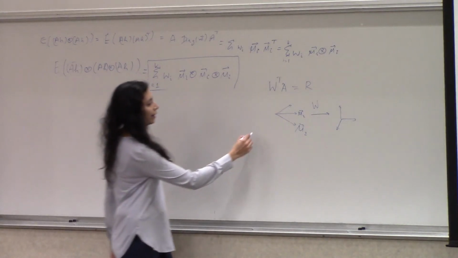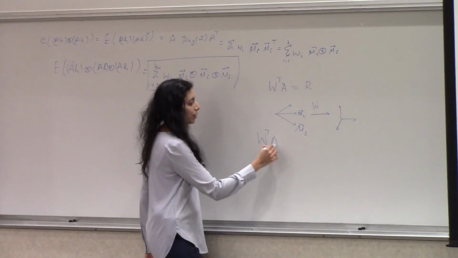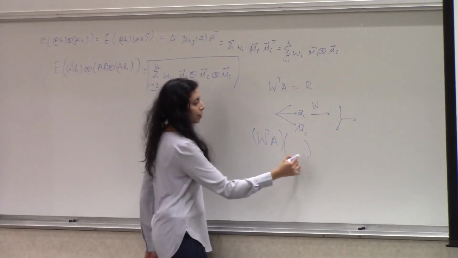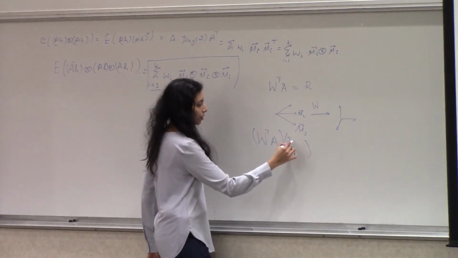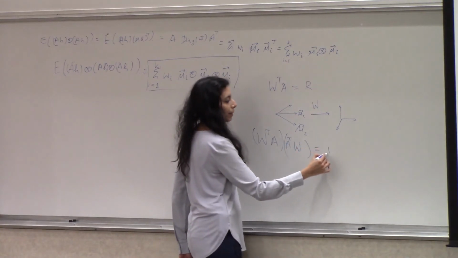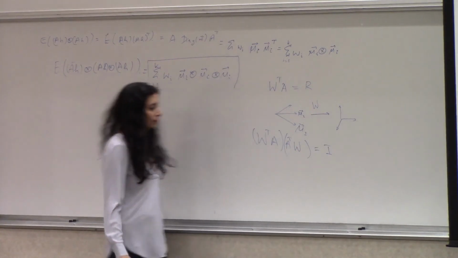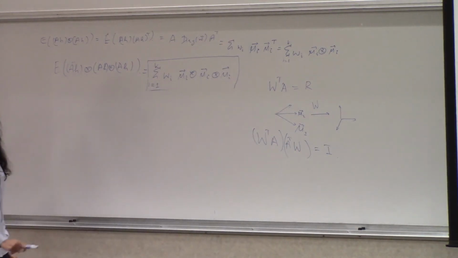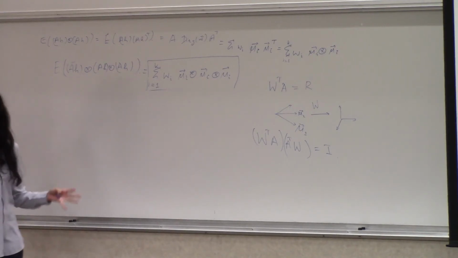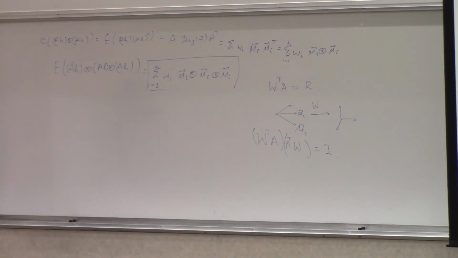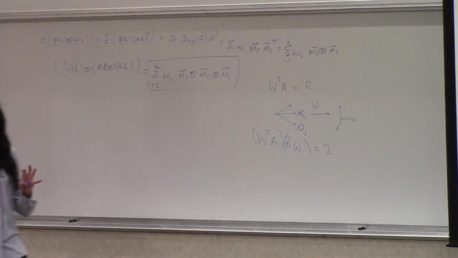So what I really want is W transpose A times its transpose, which is A transpose W, to be identity. If I can do this somehow implicitly on my data, then I can get an orthogonal tensor decomposition.